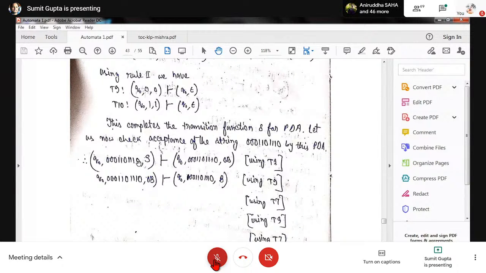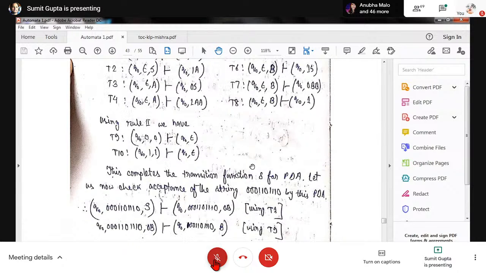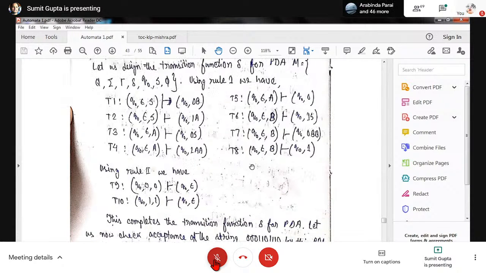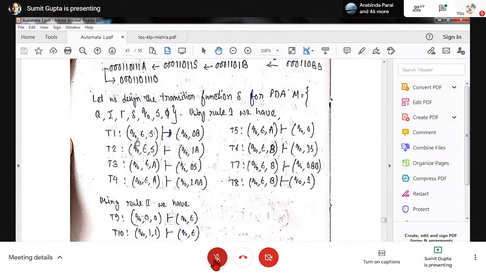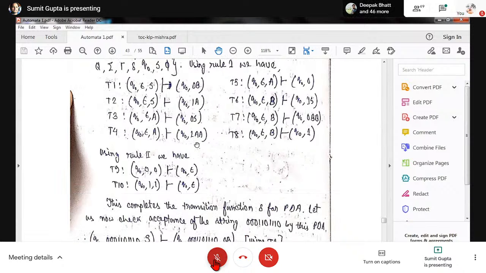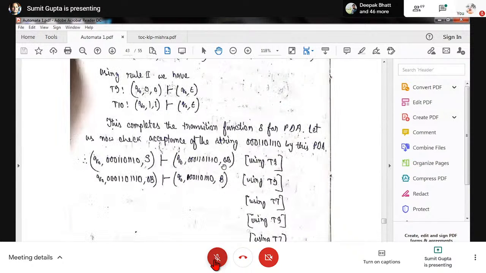What have I done? We have used the first transition. What does my first transition say? That if this is the format, Q0 sigma, Q0 epsilon S, it will be transformed into Q0 0B. So the S, which was initially S, has now become 0B. Is it clear?